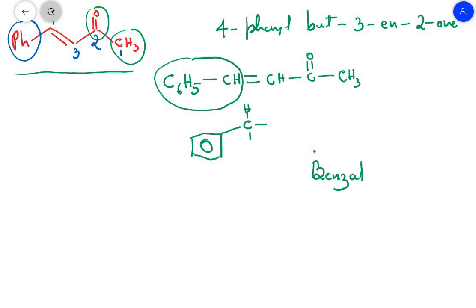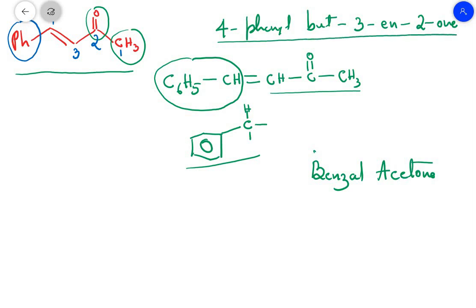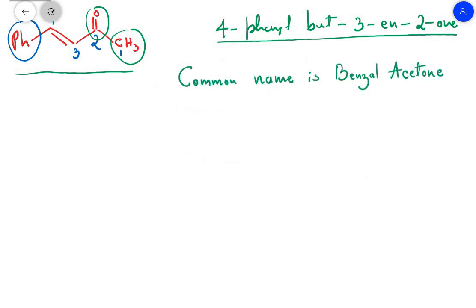So this group is called benzal, and here we are having 3 carbons, so therefore it is called benzal acetone. So the IUPAC name becomes 4-phenyl but-3-ene-2-one, and the common name is also called benzal acetone. So I have rewritten here that the common name of this compound is called benzal acetone.